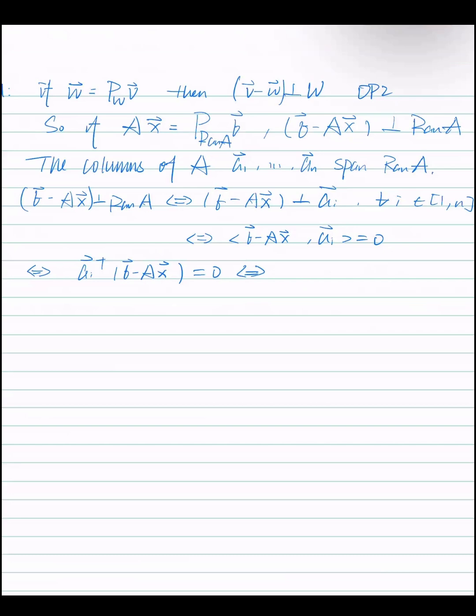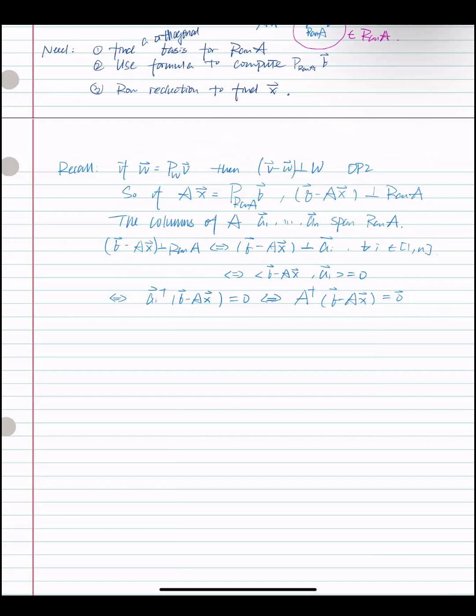If we talk about every Ai, we can compose them into A, so A conjugate transpose multiplied by B minus AX, and I want this equal to the zero vector. This is for all i.